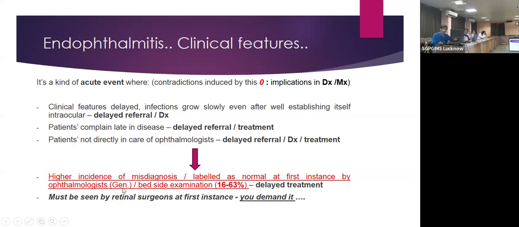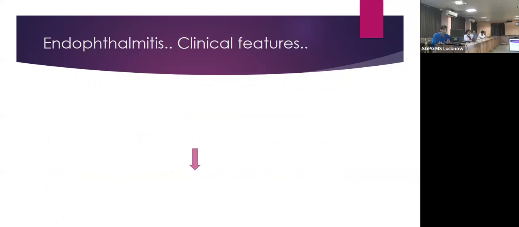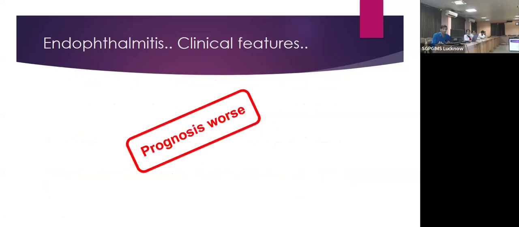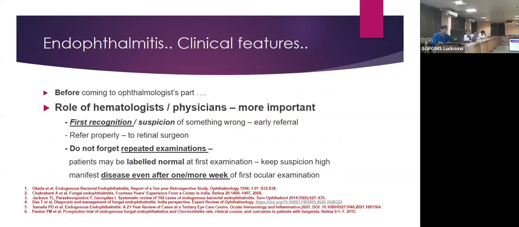General ophthalmologists don't see endophthalmitis patients regularly, and here the presentation is very different, and not only different but in a very weird way. So often general ophthalmologists get confused in these cases. And as I told, this all makes the prognosis worse.